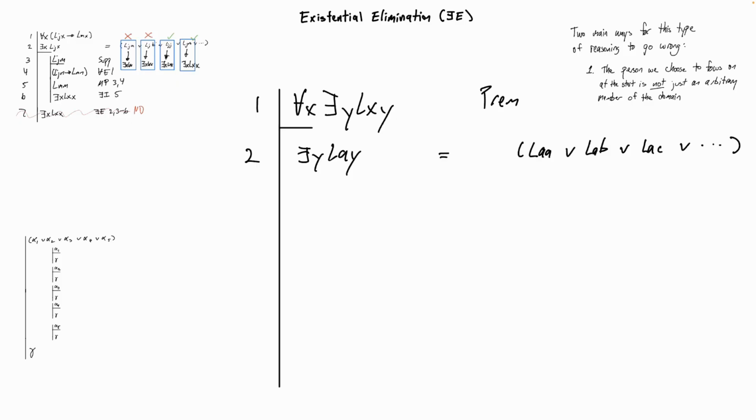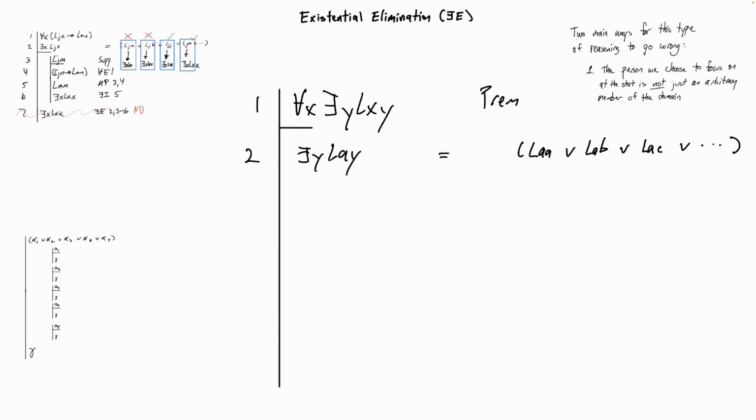It can be seen as saying that either Alex loves Alex, or Alex loves Bob, or Alex loves Carla, and so on. So if there is a conclusion that follows from each one of those disjuncts, then we can derive that conclusion outright.